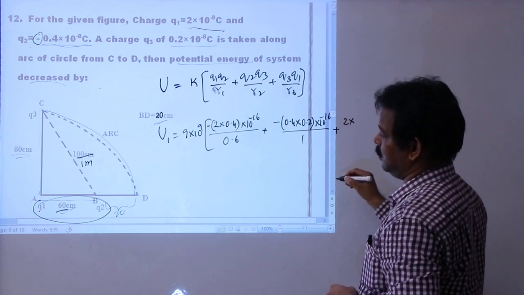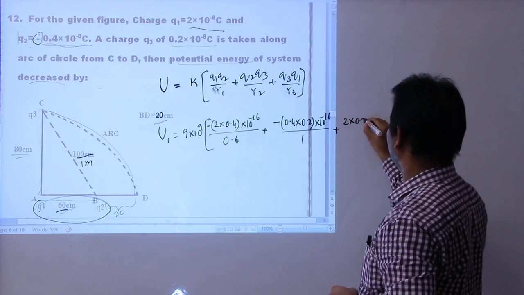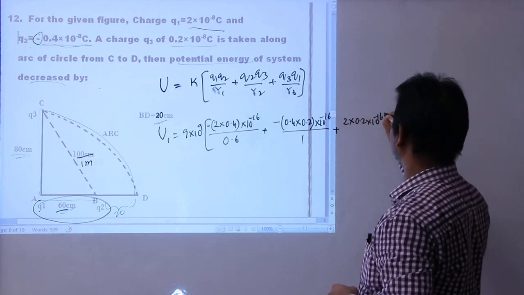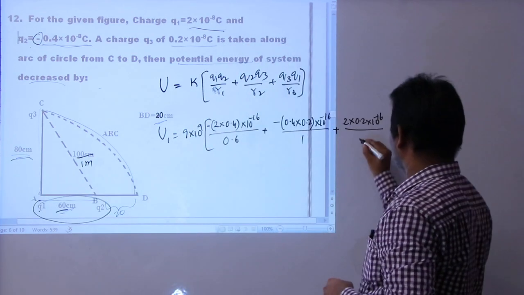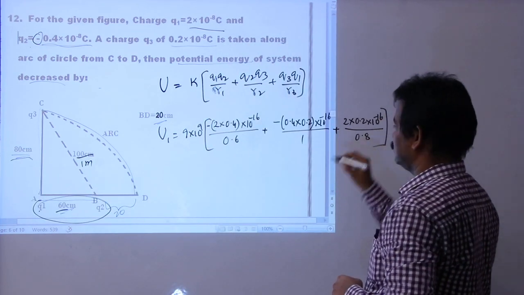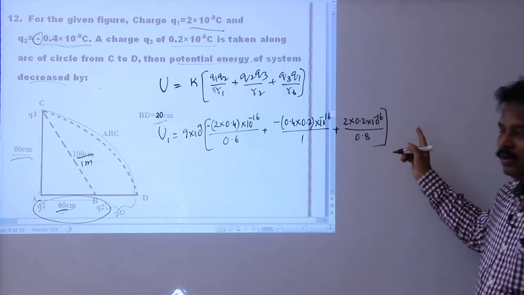The first charge is 2 and the third charge is 0.2, into 10 power minus 16, by the distance between these 2, which is 0.8 meters. So this is the initial potential energy of the system.